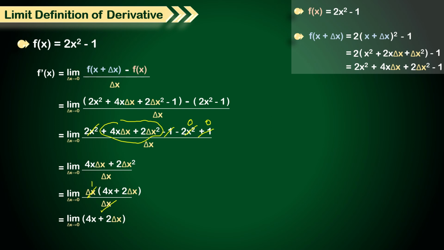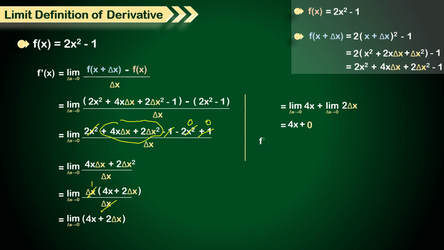Apply limit properties. Limit of 4x as delta x approaches 0 plus limit of 2 delta x as delta x approaches 0. Get the limit. It is equal to 4x plus the product of 2 and 0, which is 0.